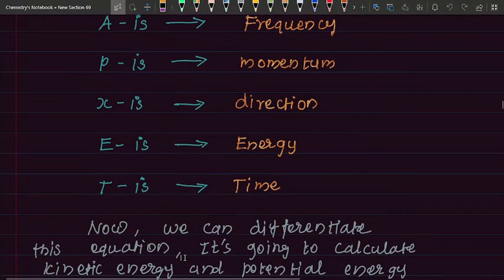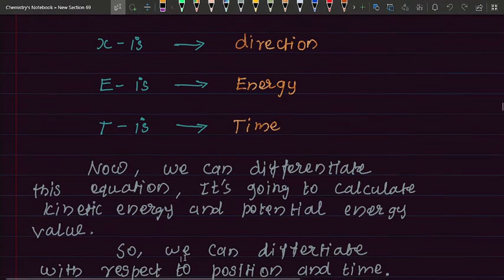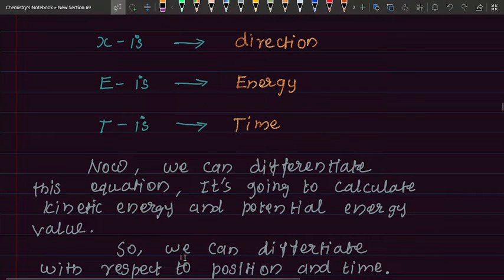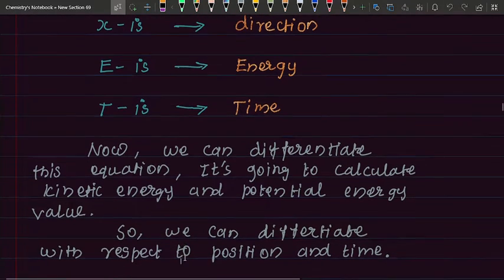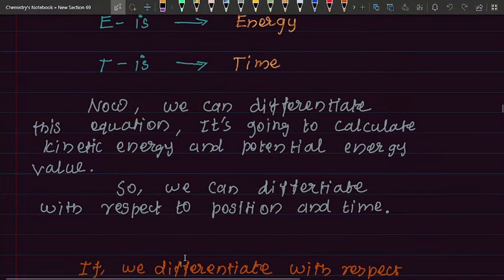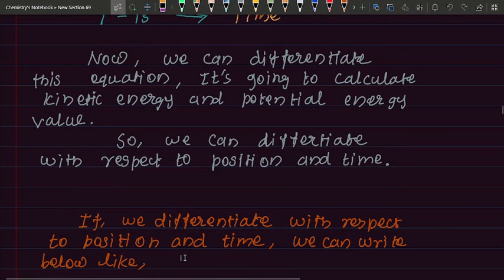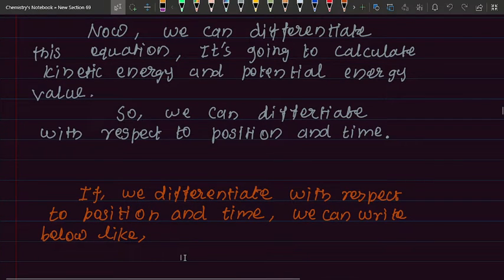Now we can differentiate this equation to calculate the kinetic energy and potential energy values. We differentiate with respect to position and time.